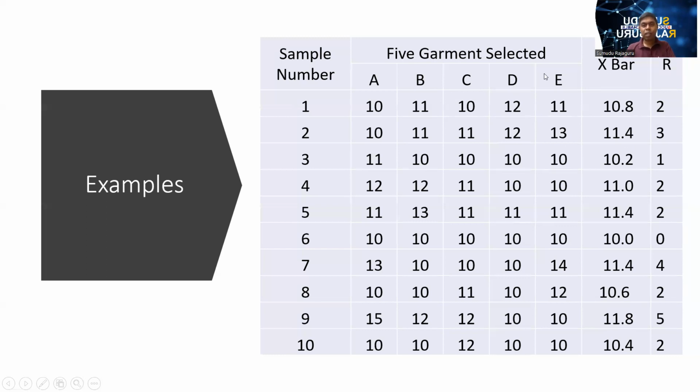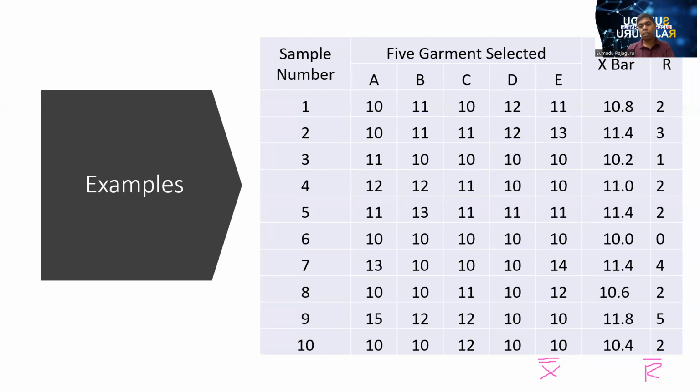Then we have to calculate X double bar. X double bar is the center line of the X chart. Then we have to calculate the R bar. R bar means the center line of the R chart. Because when two samples are available, main sample and subsample, we have to draw two charts, X chart and R chart.